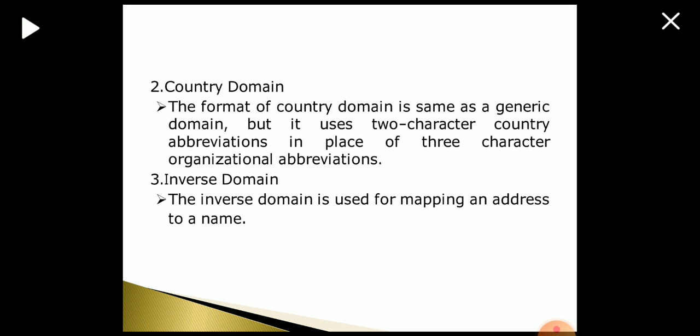This is the same as the generic domain, but it uses two-character country abbreviations in place of three-character organization abbreviations. Third is the inverse domain. The inverse domain is used for mapping an IP address to a name.